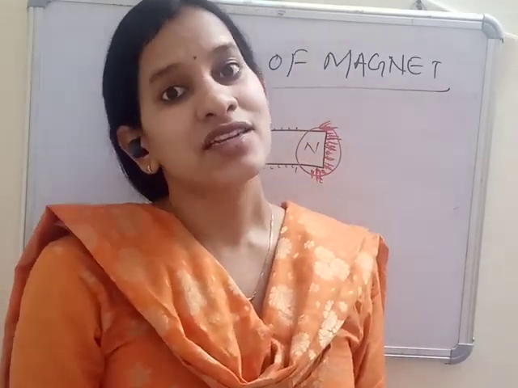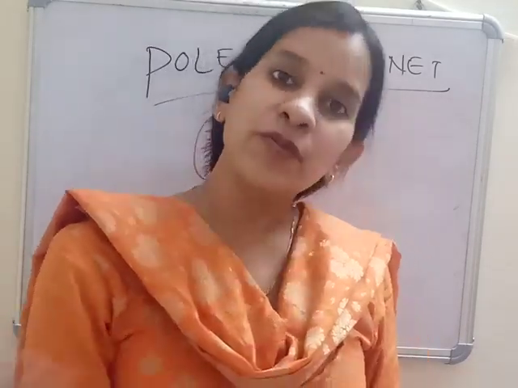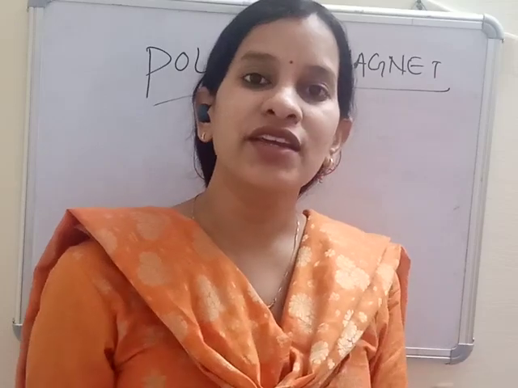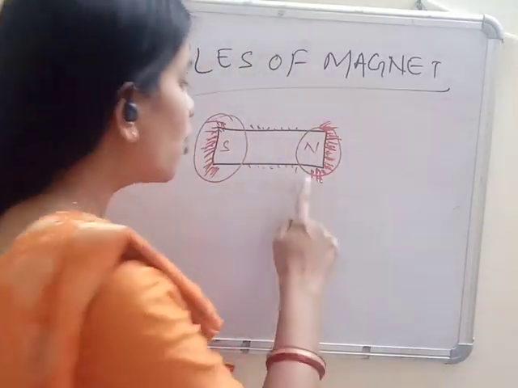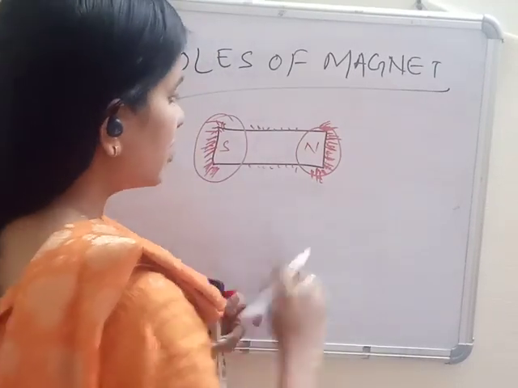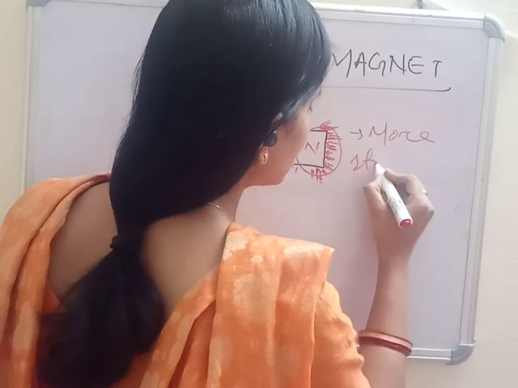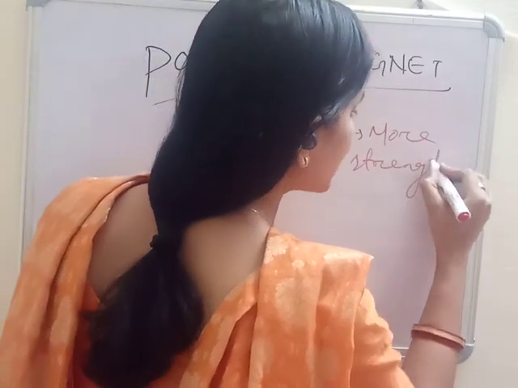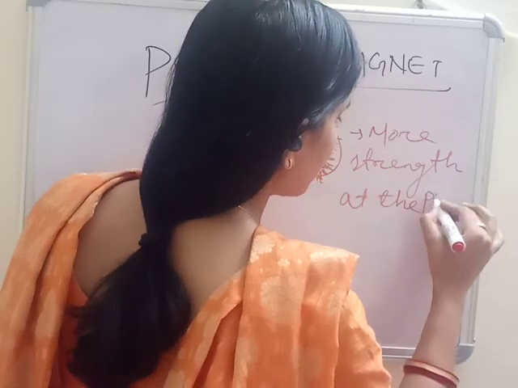As much as it attracts us, that much is our weight. So the same property we can find in the magnet. A magnet has more strength, or you can say power, at the poles.